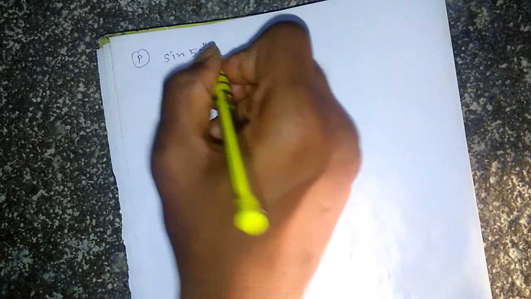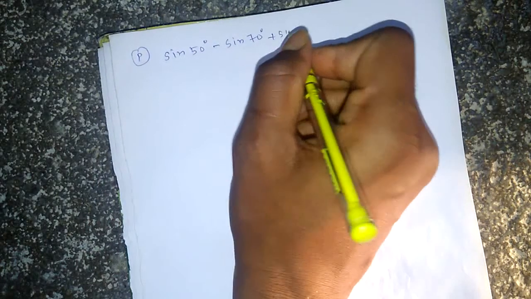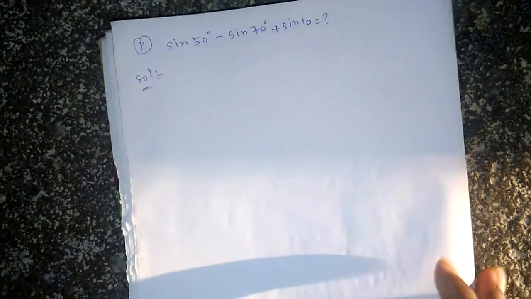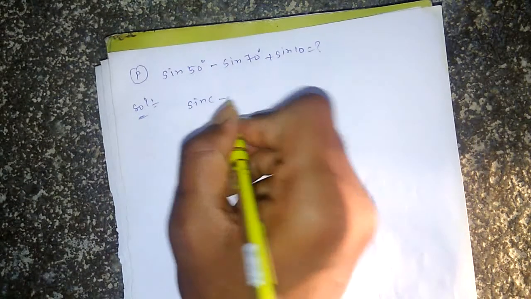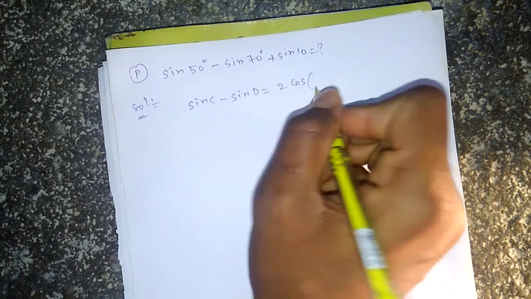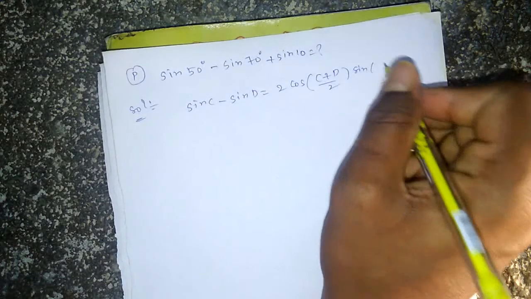Our next problem is find the value of sin 50 minus sin 70 plus sin 10. Here we have a formula for sin c minus sin d, that is equal to 2 cos of c plus d by 2 sin of c minus d by 2.